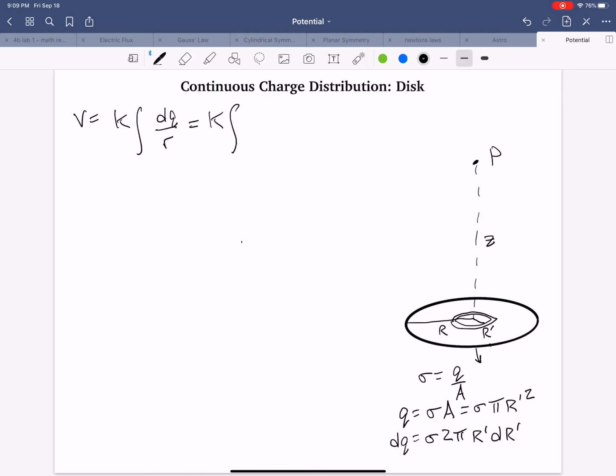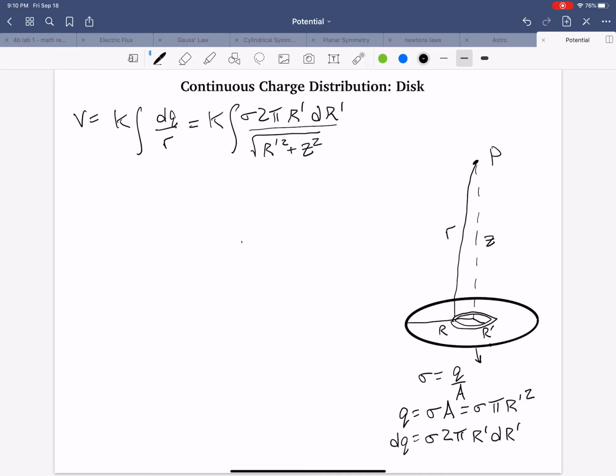Now, integral of sigma times 2 pi r prime dr prime, divided by lowercase r. That is the distance from our differential ring to the point in question, P. And using the right triangle, that is the square root of r prime squared plus z squared, Pythagorean theorem.